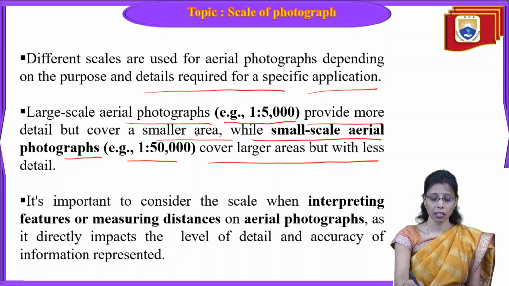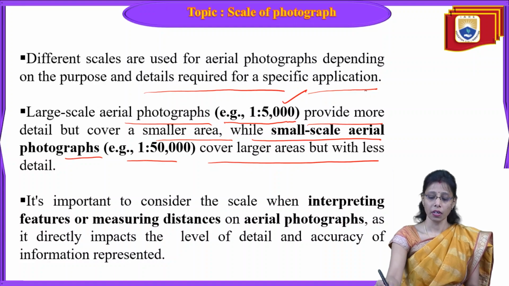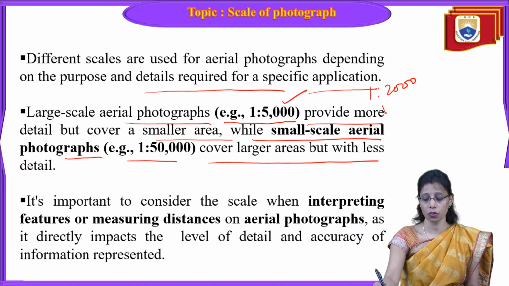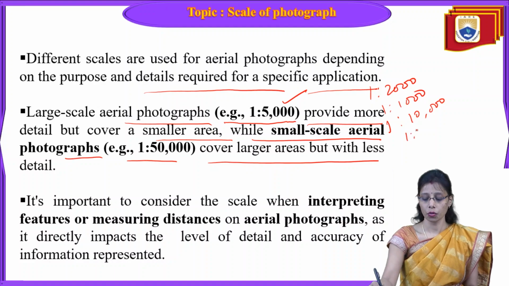Examples for large and small scale: 1:5,000 is always called large scale. 1:2,000 is also large scale. 1:1,000 is also large scale. Now, 1:10,000 is also large scale compared to 1:25,000.